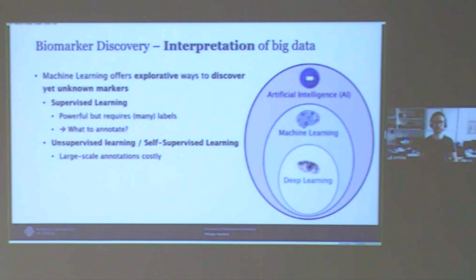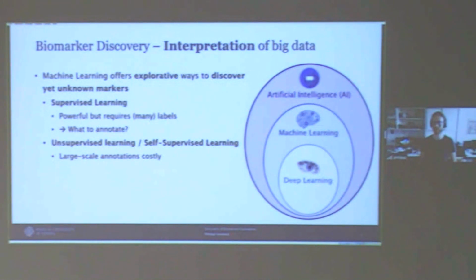And here is where machine learning comes into play, or artificial intelligence in general. Machine learning offers an explorative way to discover unknown markers. I've just put here this nice illustration of AI, machine learning, and deep learning, because artificial intelligence, everyone is talking about it, but in the end, it also contains programmed decisions.